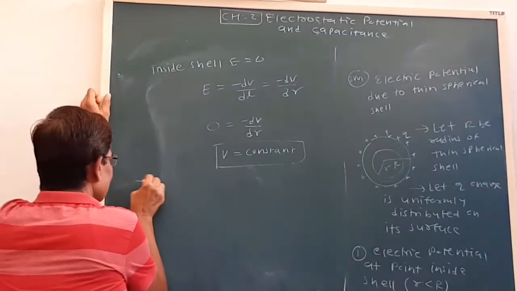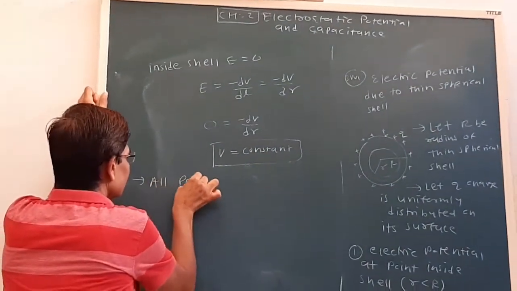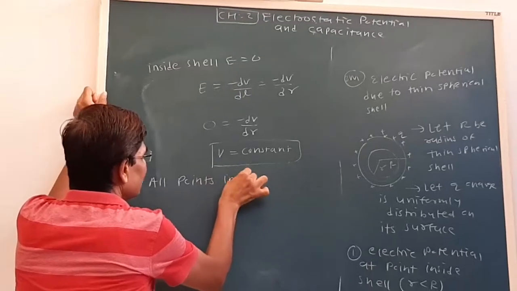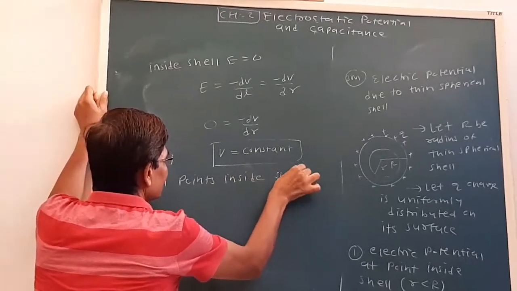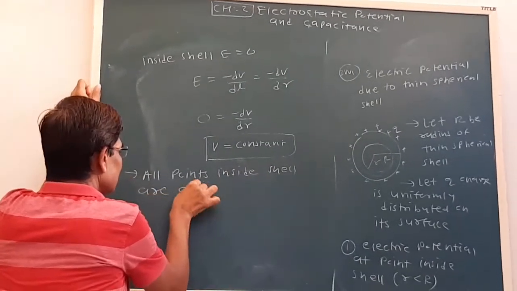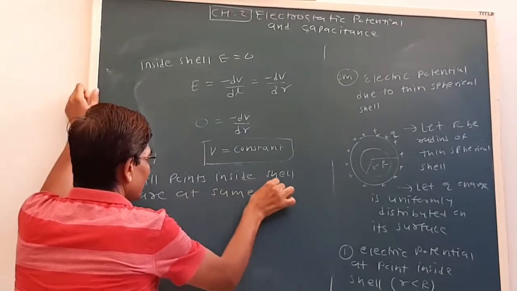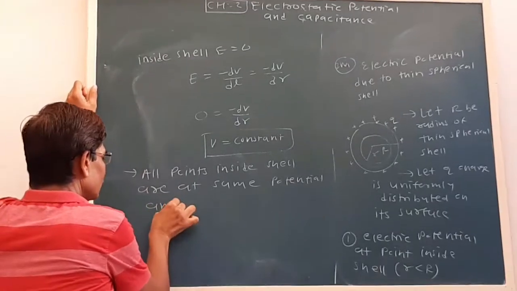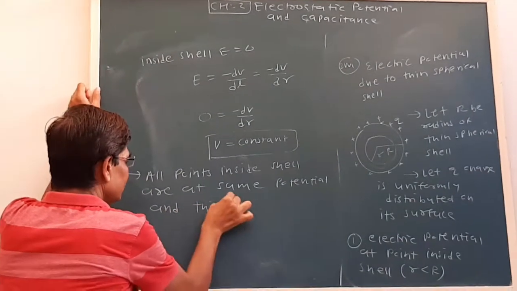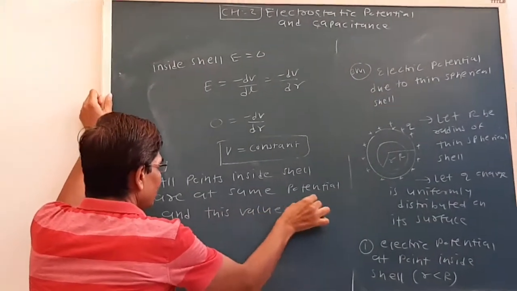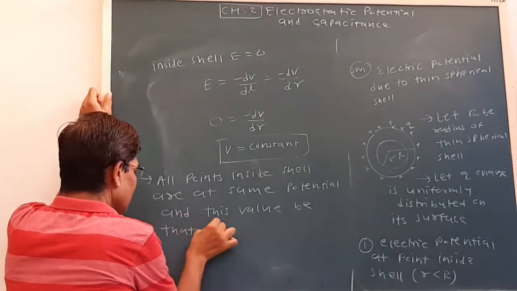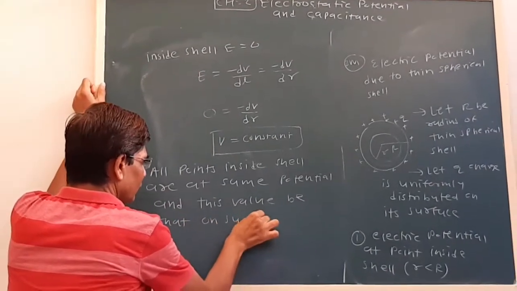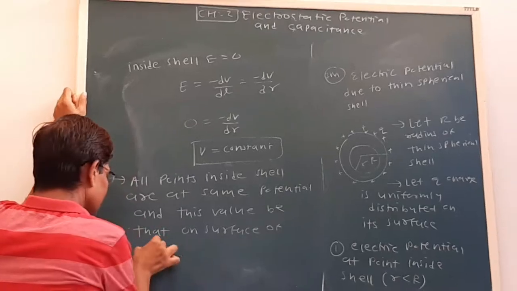So we can write like this: all points inside the shell are at the same potential, and that value will be that on the surface of the shell.